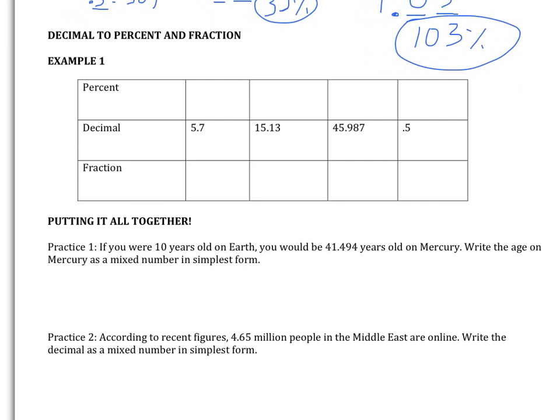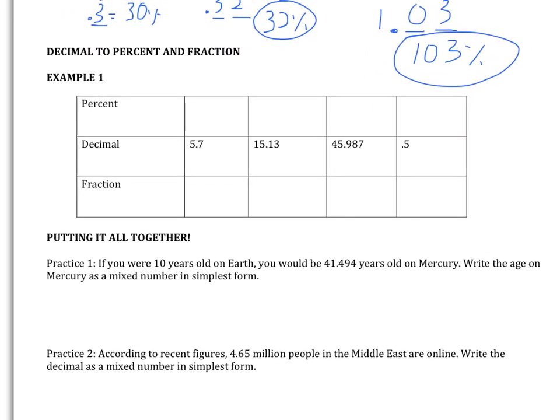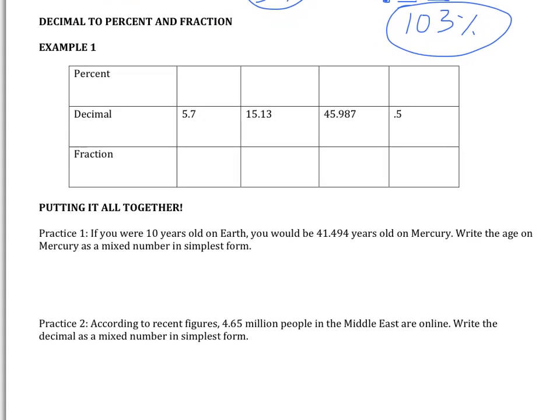Well, to convert any number to a percent, if we're going from a regular number to a percent, we have to multiply by 100. So remember this. If you're going from a percent to a number, you have to divide by 100.